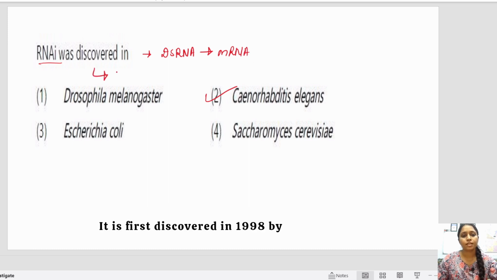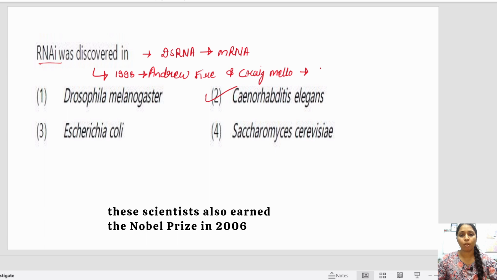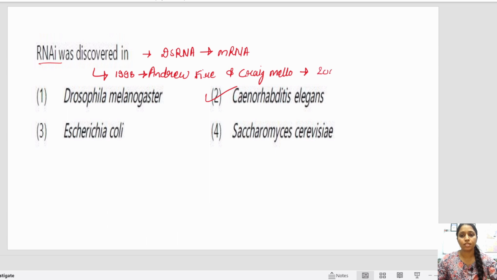It is first discovered in 1998 by Andrew Fire and Craig Mello. For this discovery, these scientists also earned the Nobel Prize in 2006 in Physiology and Medicine.